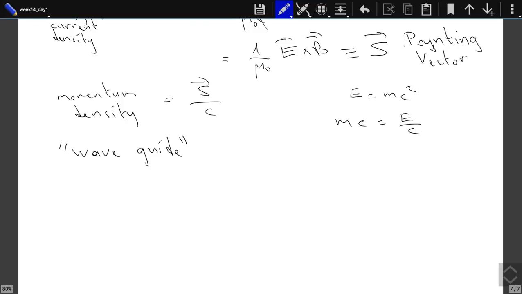For years, people wanted to invent some medium. And they invented the concept of ether. When they realized that Maxwell's equations predict a fixed velocity, the first question they asked was, with respect to which reference frame?